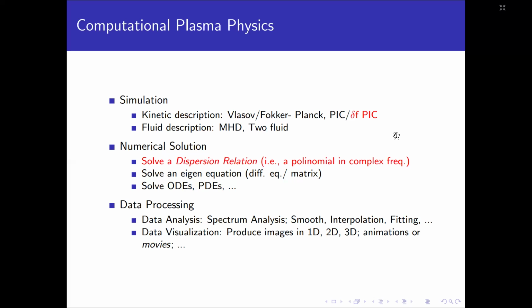Here we can do data analysis, for example spectrum analysis, smooth interpolation, fitting of that raw data. Or maybe we are interested in data visualization, for example producing images in 1, 2, 3D, or animations, movies, etc. So as you can see, in this talk I will be talking basically about delta F particle in cell, which is a simulation method, and also about the numerical solution of an analytical model, which is a dispersion relationship.